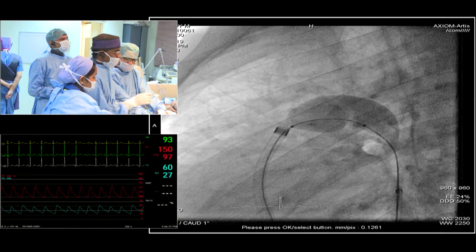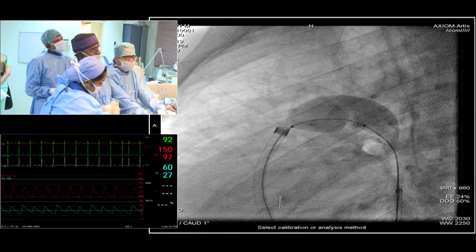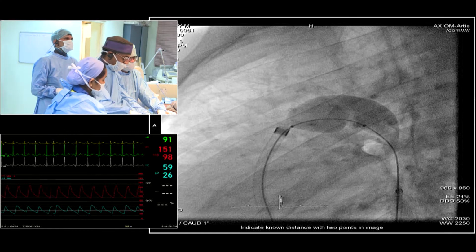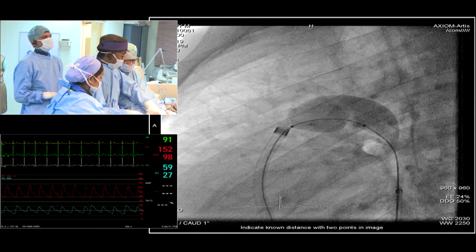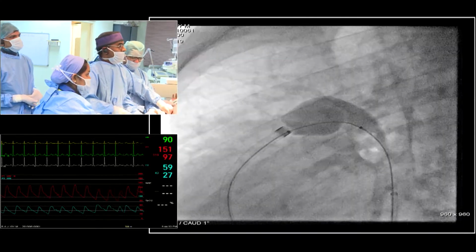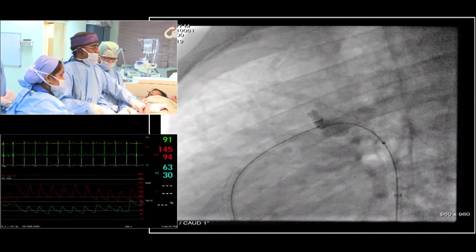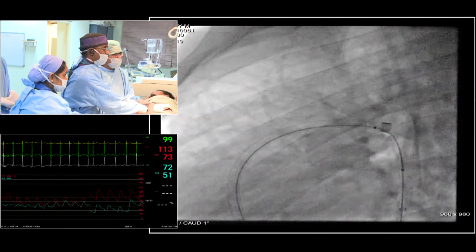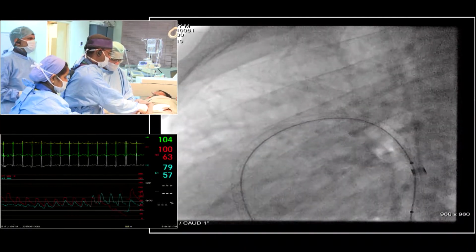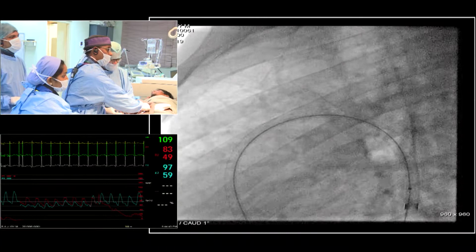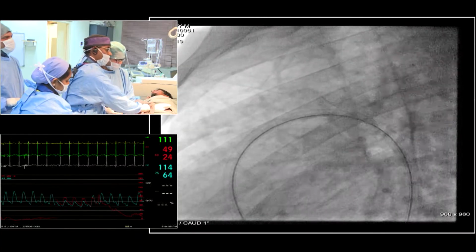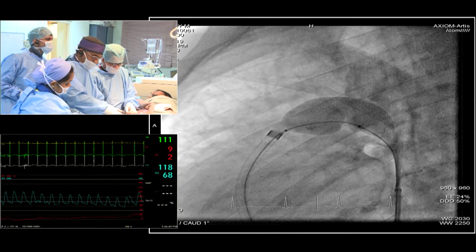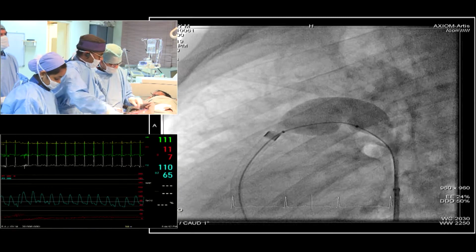Okay, so now what we are going to do next is advance this sheath as I am deflating the balloon into the descending aorta. Okay, so you brought the venous sheath down to the descending aorta. Leave it. Yes.